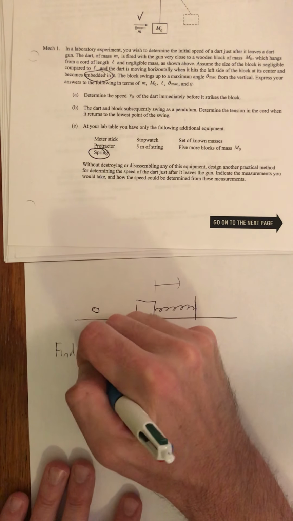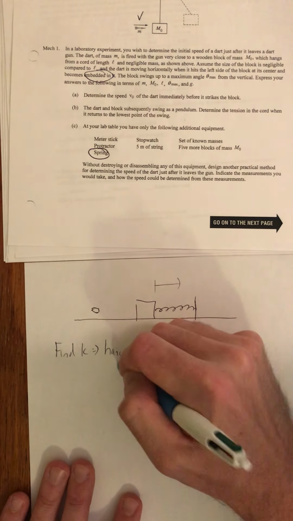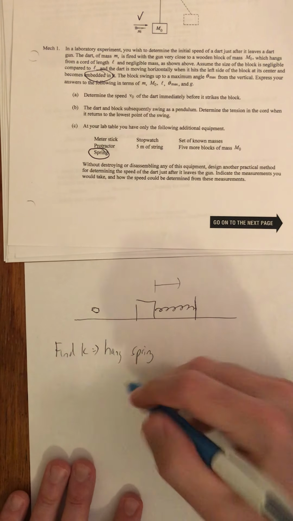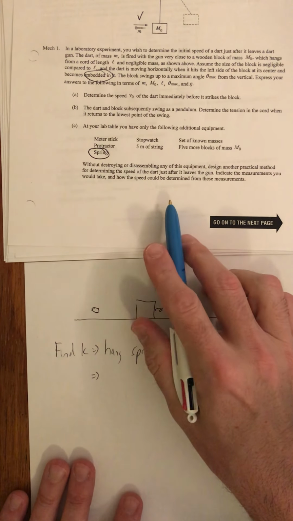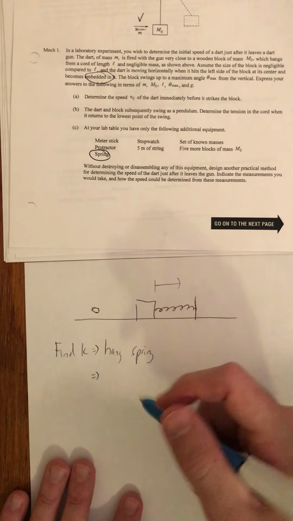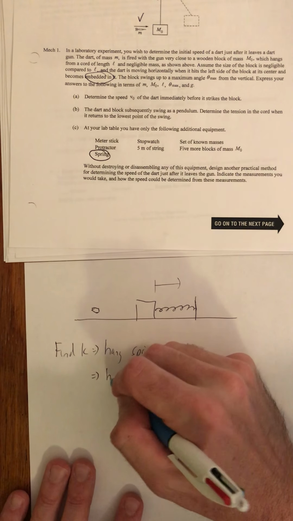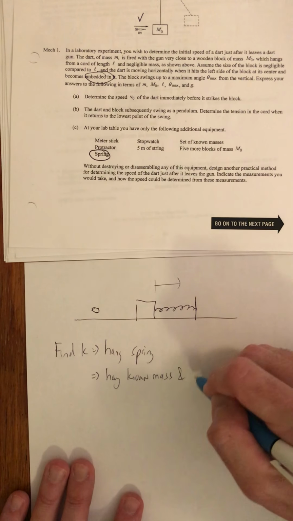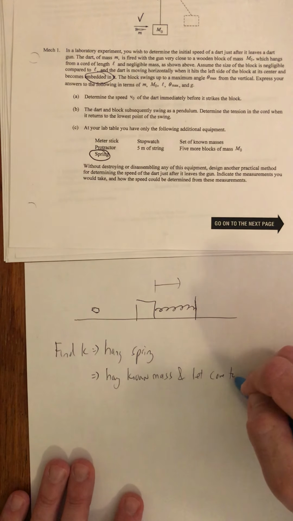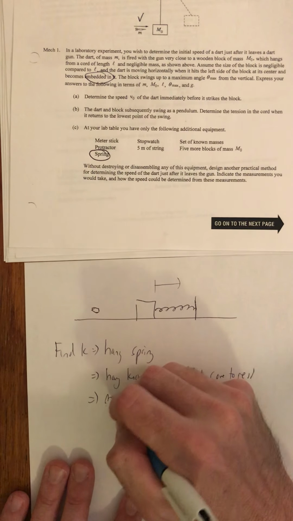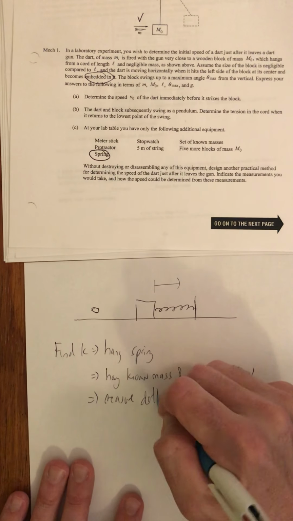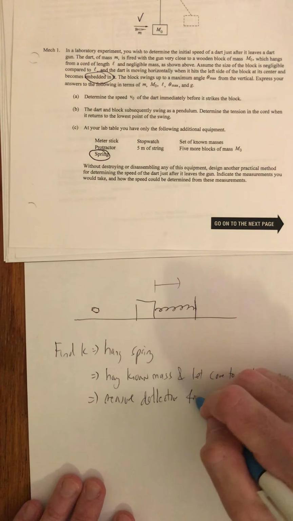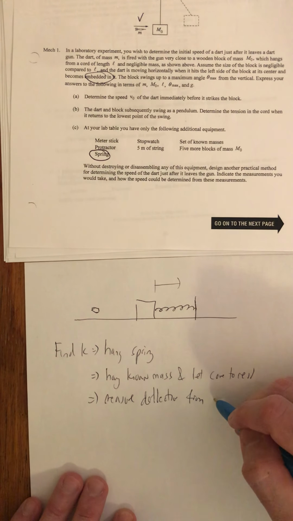So find k: hang the spring. We have a set of known masses, good. Hang the spring, hang known masses, and let it come to rest. Measure the deflection from the natural length.